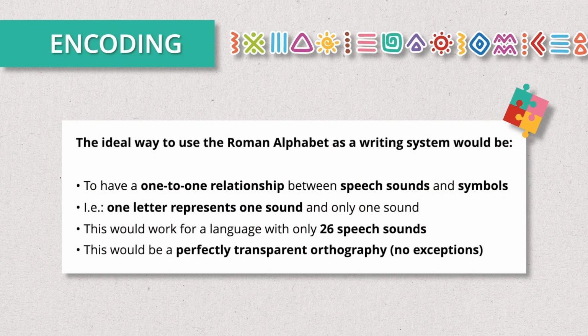The ideal way to use the Roman alphabet as a writing system would be to have a one-on-one relationship between speech sounds and symbols, i.e., one letter represents one sound and only one sound. This would work for a language with only 26 speech sounds. This would be a perfectly transparent orthography.